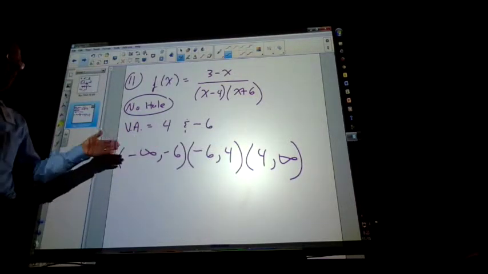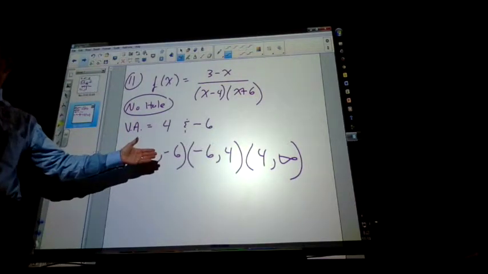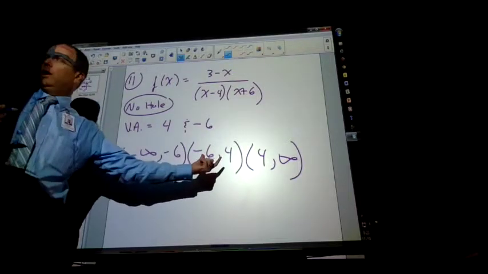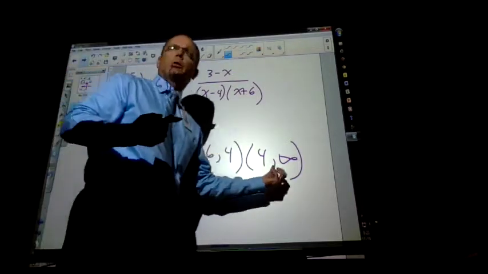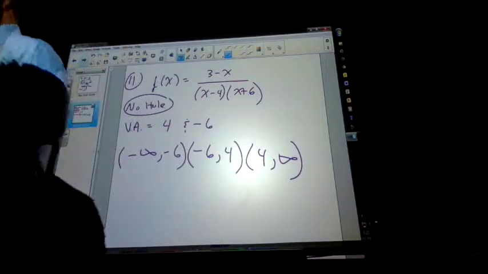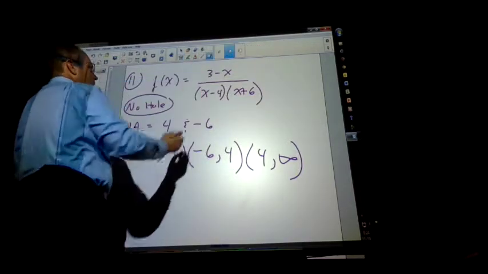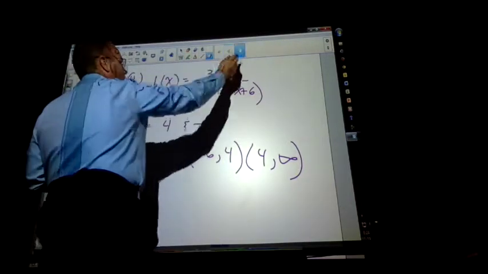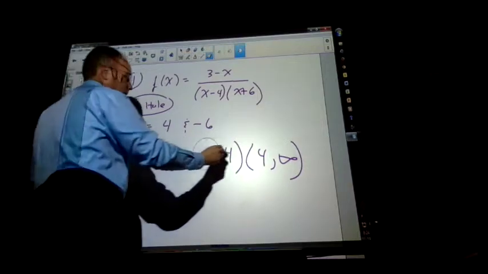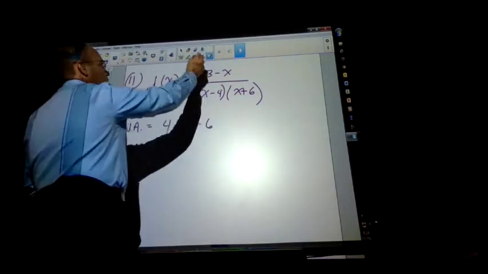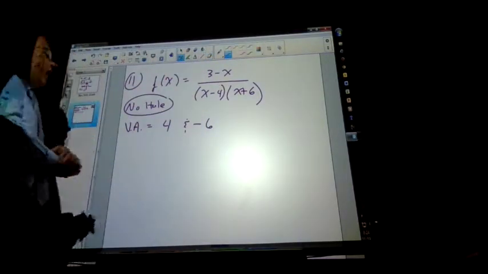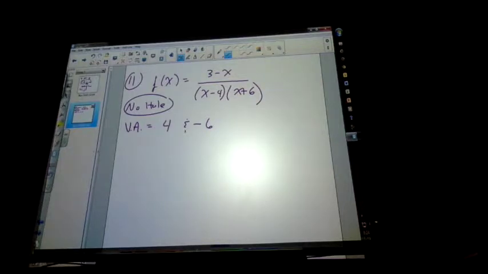All of the negative values up to -6 work, all the numbers between -6 and 4 work, and all the numbers bigger than 4 work. Notice they're all rounded brackets because they're approaching them, but they don't reach them. I just wanted you to see that for reference, since we've been talking about the domain quite a bit, but I'm not going to worry about it right now. So we have vertical asymptotes at both 4 and -6.